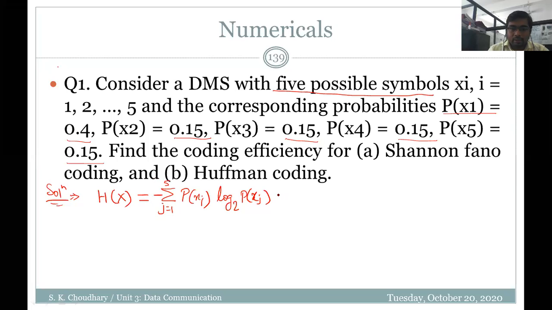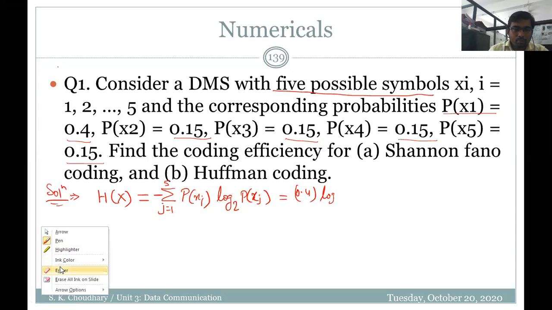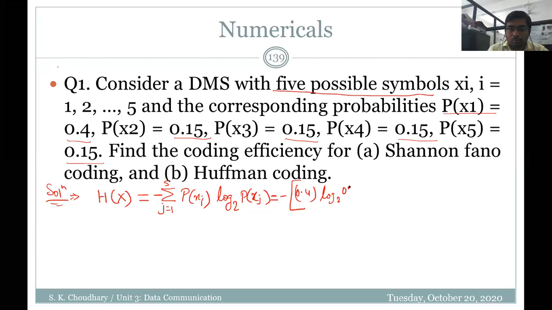So just put the values. The first probability is 0.4, multiplied with log base 2 of 0.4. One more thing, we also have to take the negative sign into account, so for this purpose we use a bracket, equal to minus, in which we write log base 2 of 0.4.